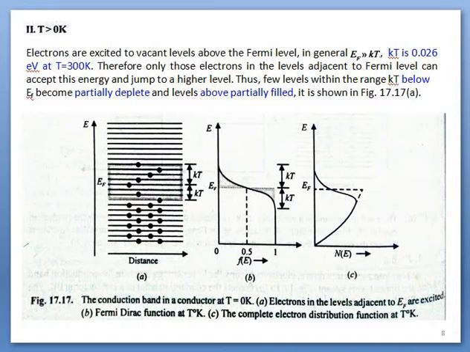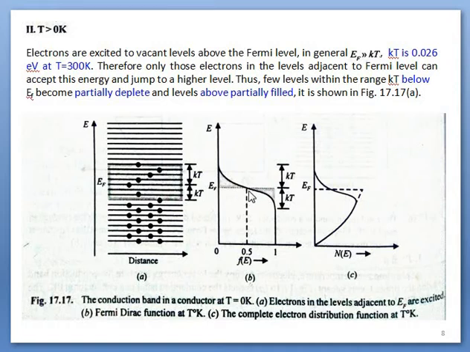Afterwards, some electrons jump toward the upper vacant levels because the probability is slightly reduced up to the Fermi energy. Previously there were no electrons there, but after gaining energy, a few electrons have jumped there. So there is also some amount of probability.